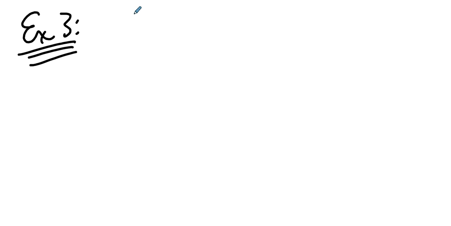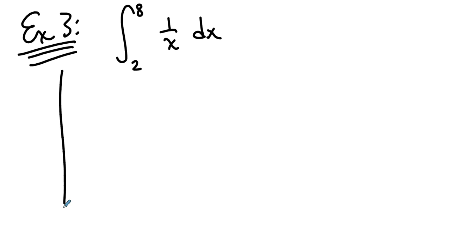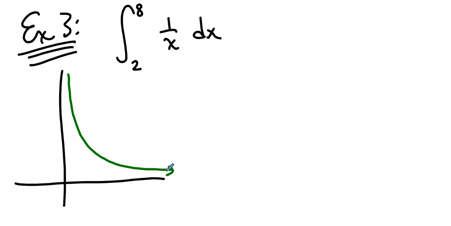So what does that mean? That means we could do this. Now, to be clear, here's 1 over x. Here's x equals 2. Somewhere out here is x equals 8. It's this area we're interested in. That's the area.